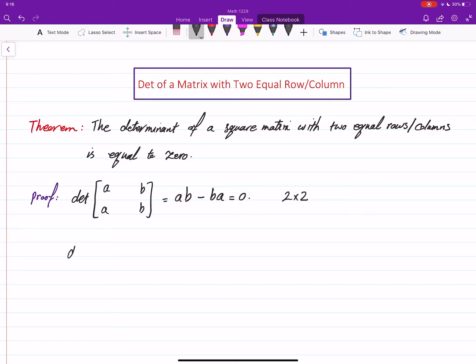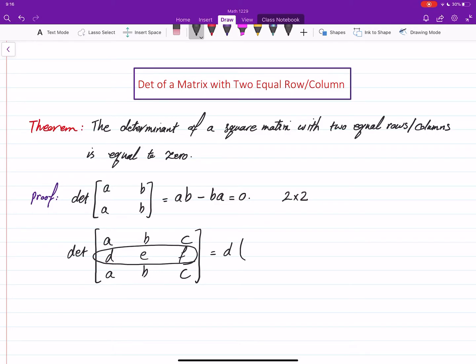For 3 by 3 matrices, let's say the first row is equal to the last row: A, B, C, D, E, F. So in this case, what you need to do is expand along a row or column which is not one of these two. So I expand along the second row here.